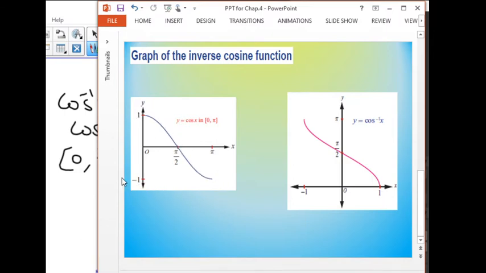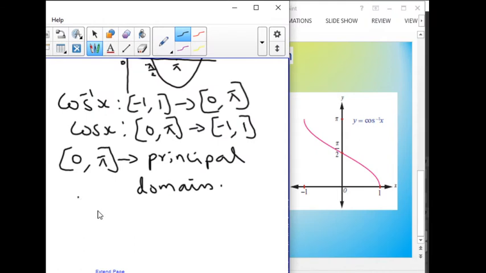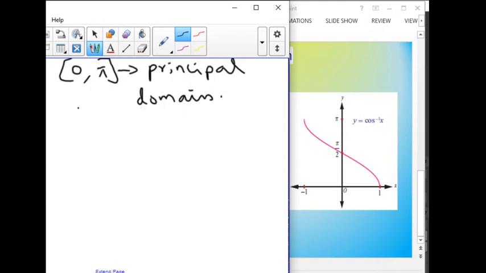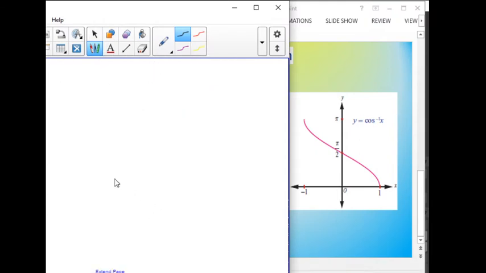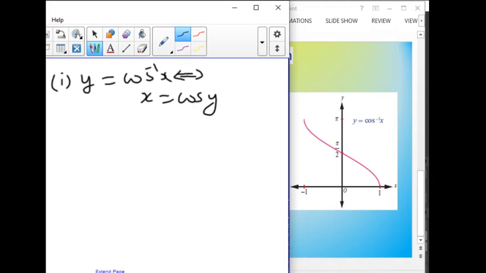Then, we have seen the properties of the cos curve. Now we have them for cos inverse also. You must always remember this: y is equal to cos inverse of x if and only if x is equal to cos y.